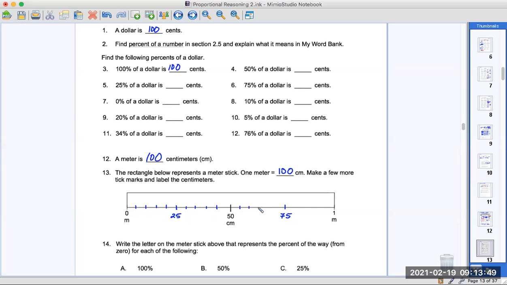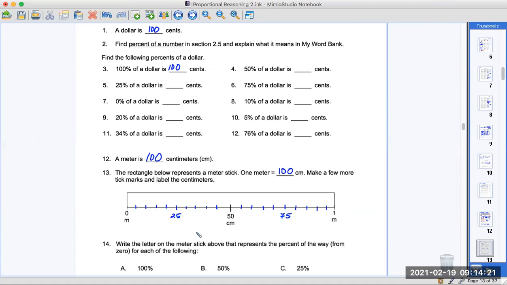Oh, wait, that's not going to work out. They have to be evenly spaced, you know, that's the hard part. 55, 60, 65, 70, 75, 80, 85, 90, 95, 1 meter. Okay, now you got increments of 5.